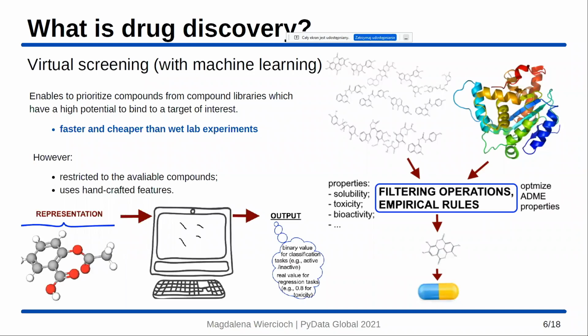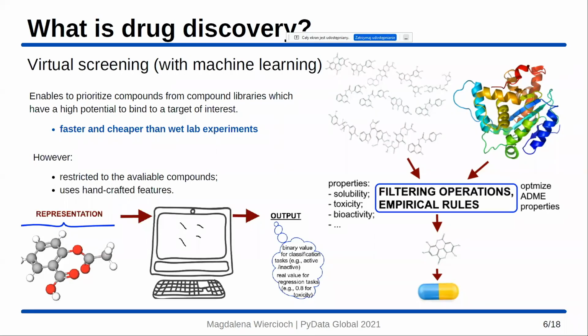Undoubtedly, a vast number of published models are based on traditional molecular representations, which are used as the input to traditional machine learning models.